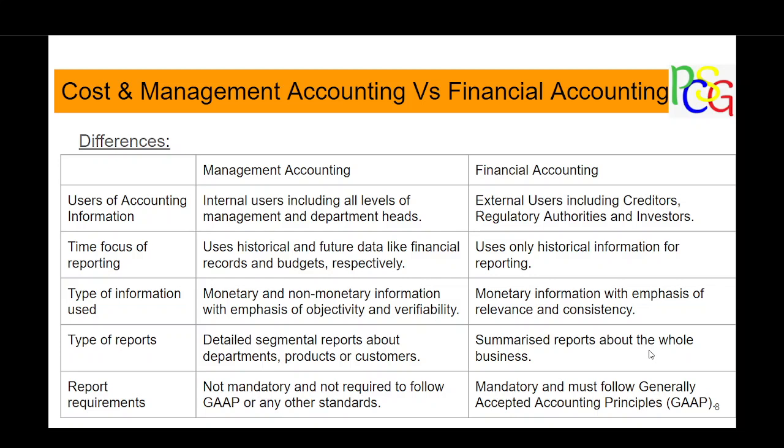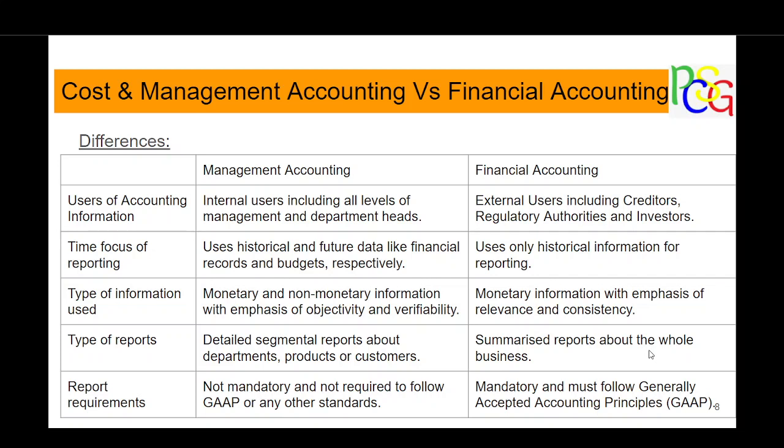They'll look at the accounting records, but they'll also prepare things like budgets and forecasts, financial statements, once again for planning purposes. Whereas financial accounting only uses historical information for reporting. So they can only report on what has happened. So historical information.